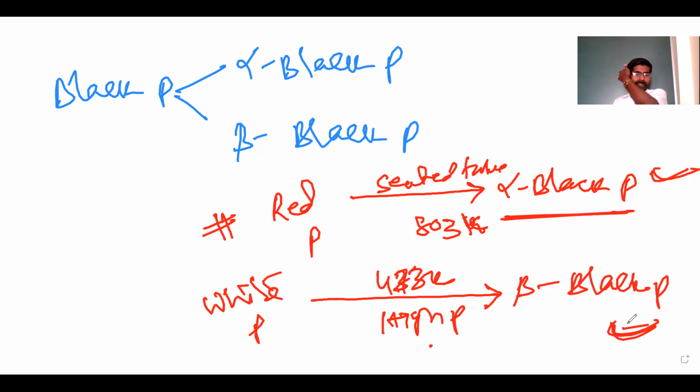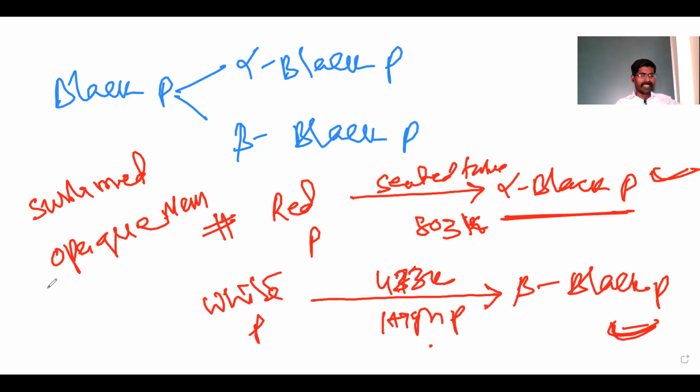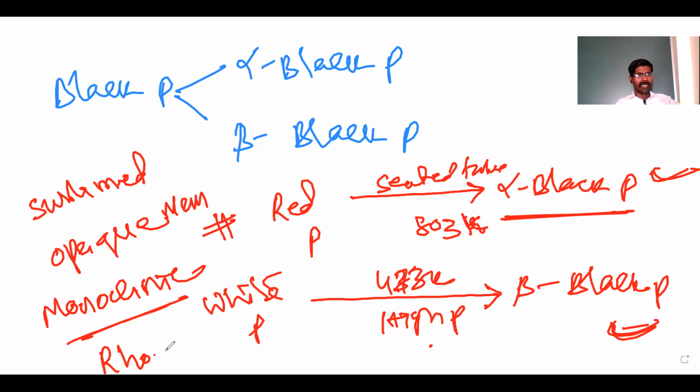These compounds or structures can be sublimed in air, and they form an opaque mass. Alpha black phosphorus has a monoclinic structure, and the next one shows rhombohedral structures.